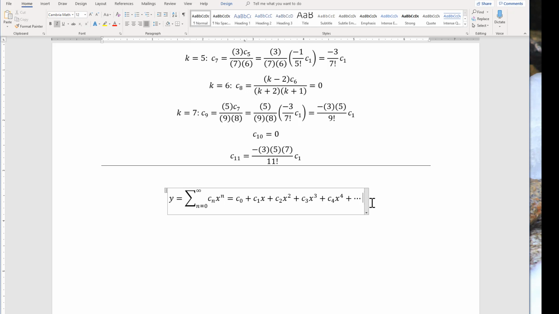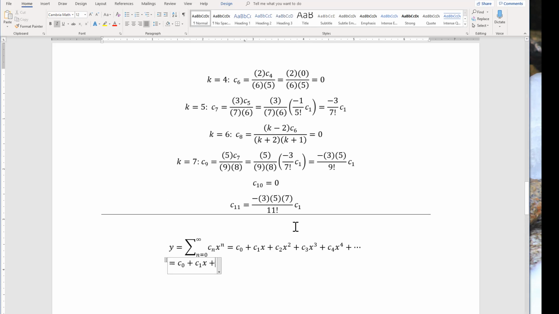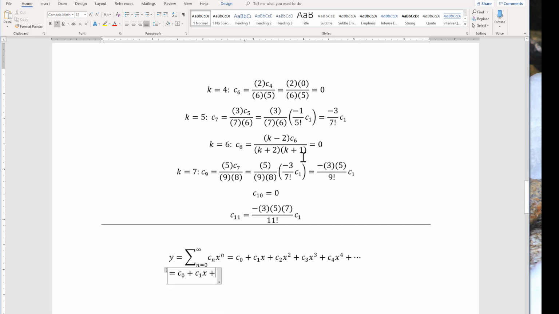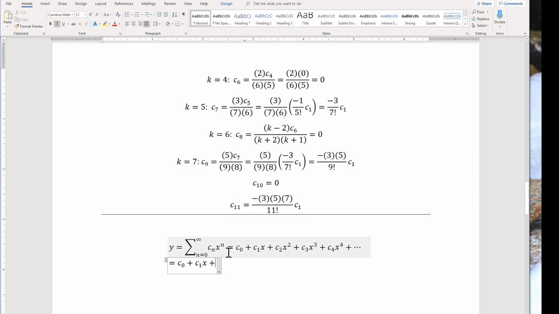So this should equal, let's see, C sub 0 plus C sub 1 times x plus, now let's start with C sub 2. C sub 2 is equal to negative C sub 0. So that's a negative C sub 0 times x squared. That's C sub 2, right?